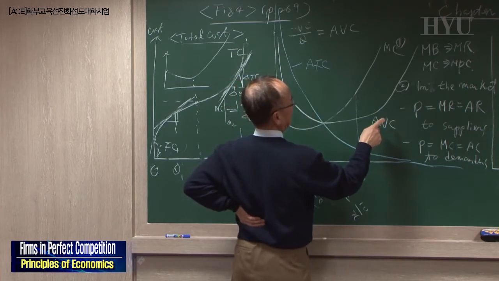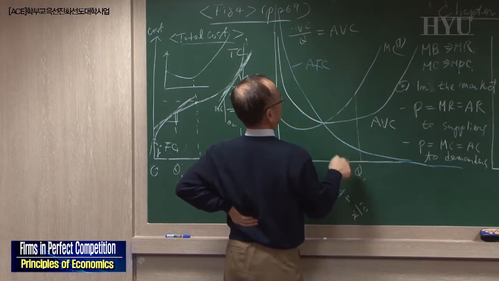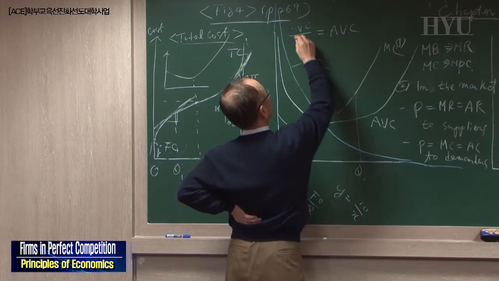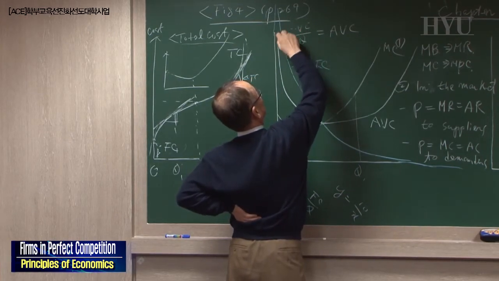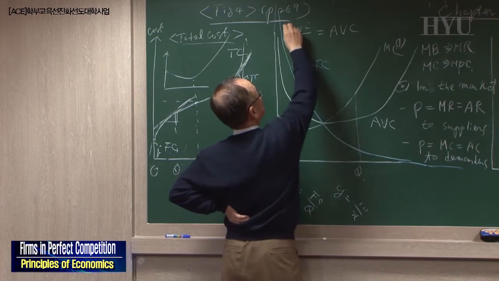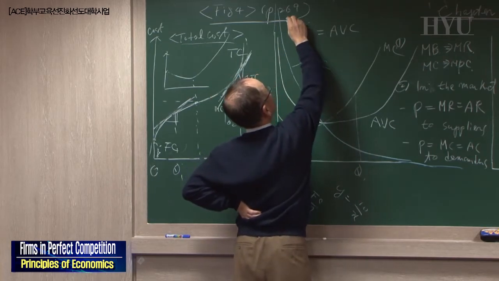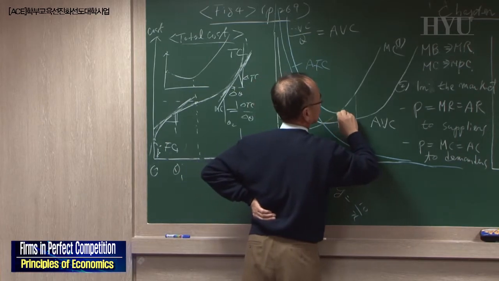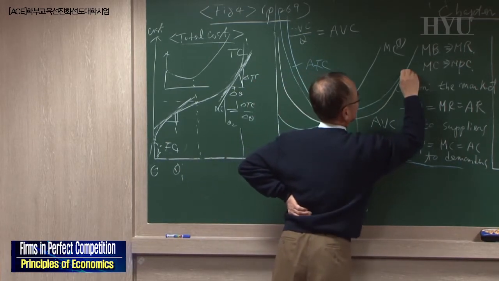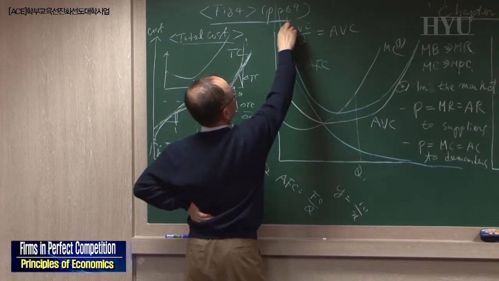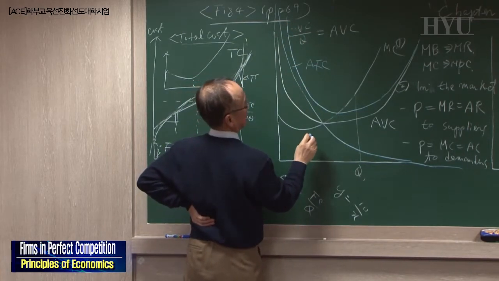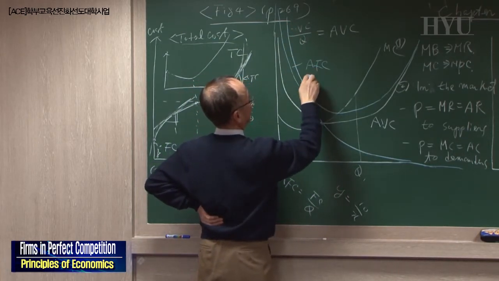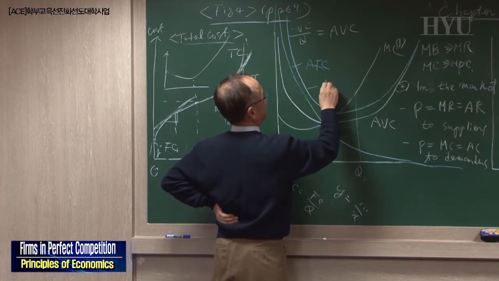Then summing them up, AVC and AFC, we call ATC. Summing this up, just a vertical sum. Summation, something like this one. Okay. Initially, the gap is relatively big. Remember, the gap is between AVC and ATC.